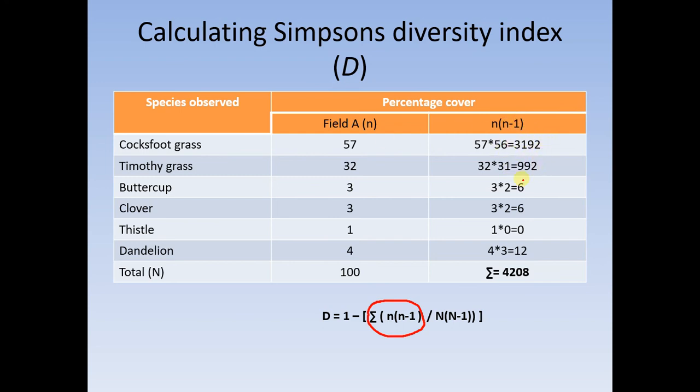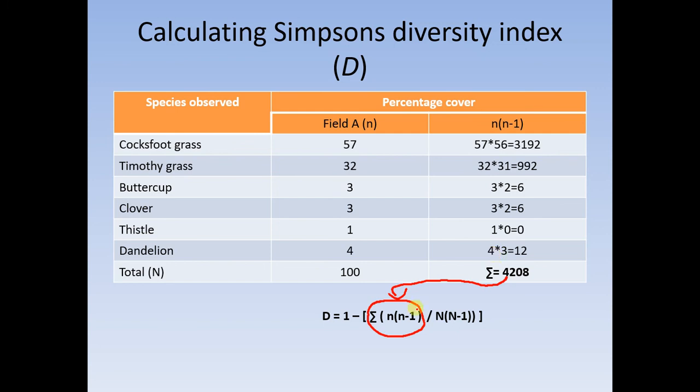I wrote them all down here. And then, summation, I added them all up. So 4,208 is this numerator right here. Pretty simple, actually. Just looking at this number and then multiplying it by 1 minus this number: 57 times 56, 32 times 31, 3 times 2, 4 times 3, adding them all up.